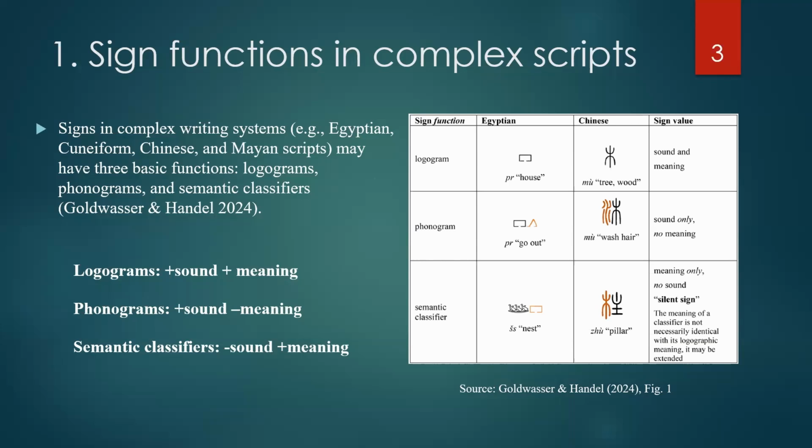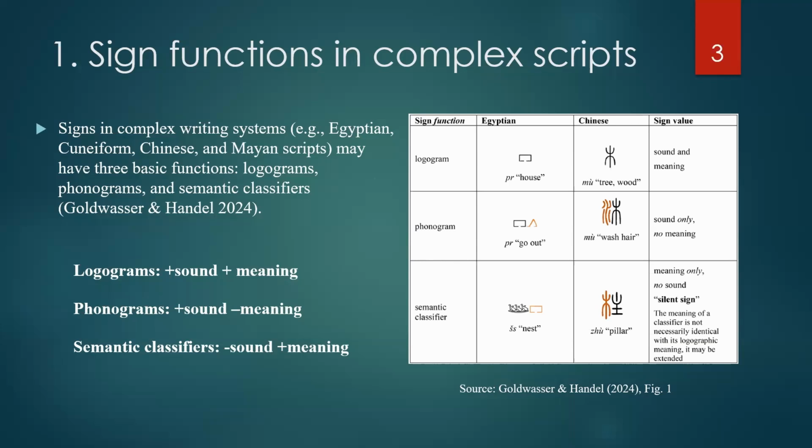In the Egyptian word go out, the sign for house functions as a phonogram, carrying only sound value. The silent semantic classifier, walking legs, marked as yellow, carries the semantic meaning movement. Similarly, in the Chinese word for watch here, the sign for a tree functions as a phonogram mu, while the semantic classifier in the left position carries the semantic meaning water.